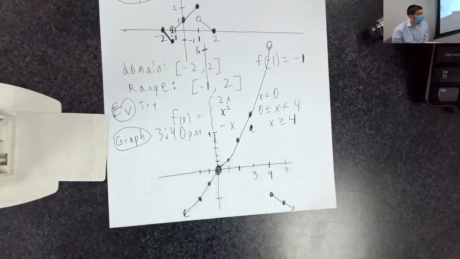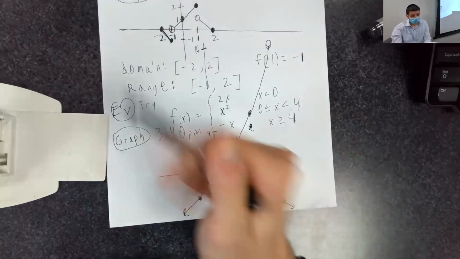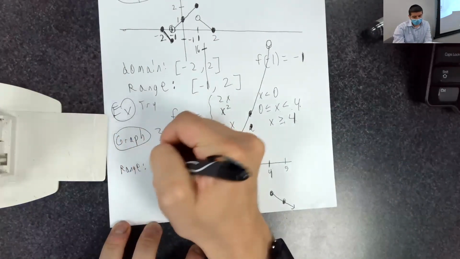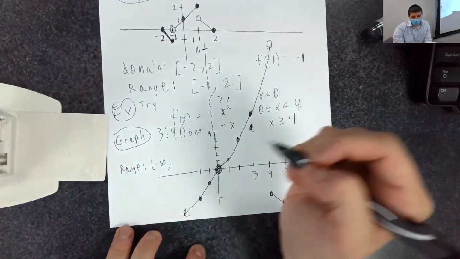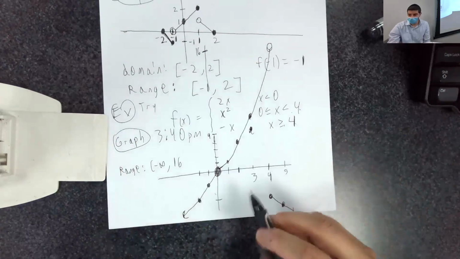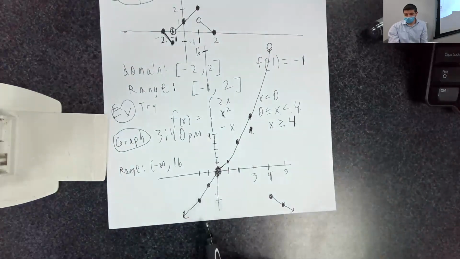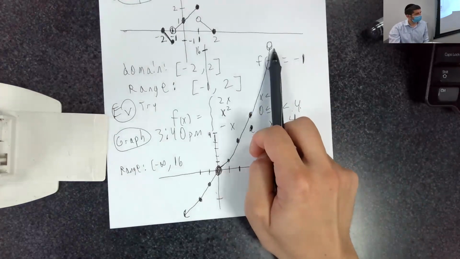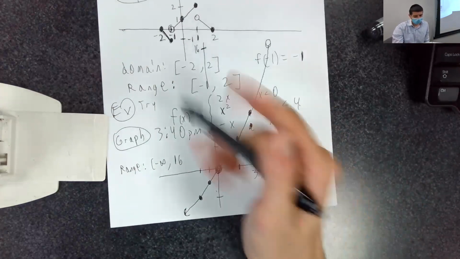Negative infinity to 16. Good. Yes, the range will be negative infinity to 16. That's true. The lowest y value is negative infinity because it just goes down to negative infinity. The highest y value is 16, but it's an open circle, so open parentheses.